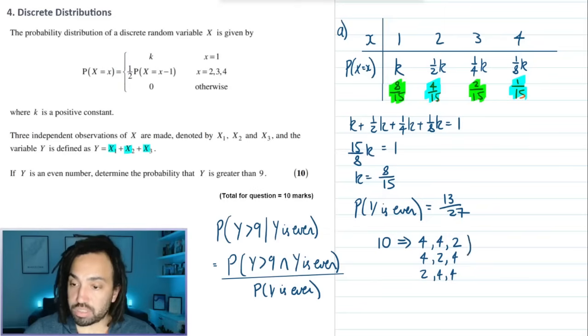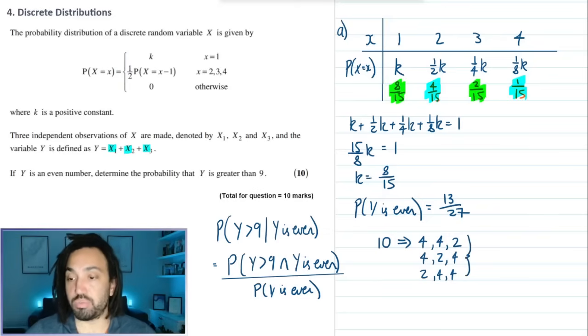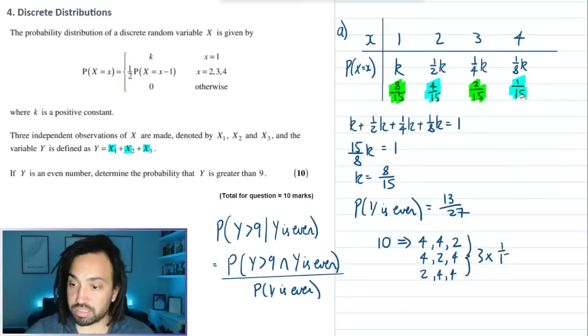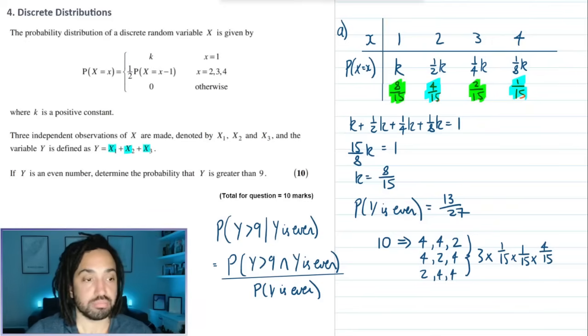So what are the probabilities of this? Let's just do 1 and then times it by 3. A 4 is 1 over 15, another 4 is 1 over 15, and a 2 is 4 over 15. Perfect. I'll work that out in a minute.